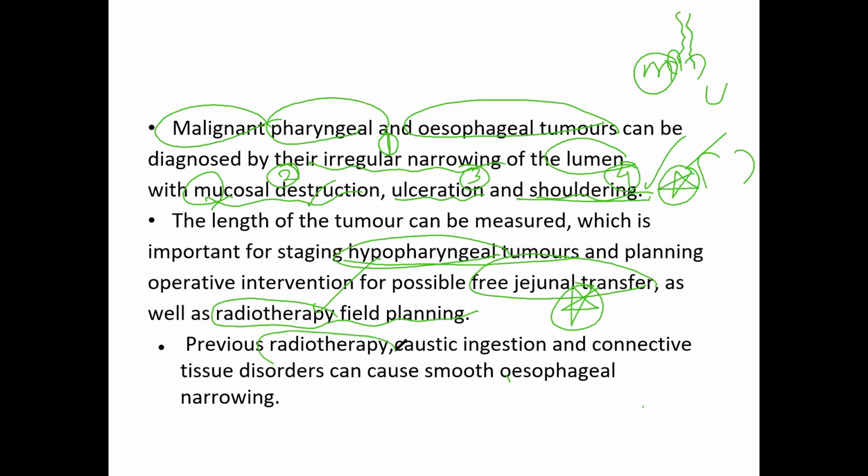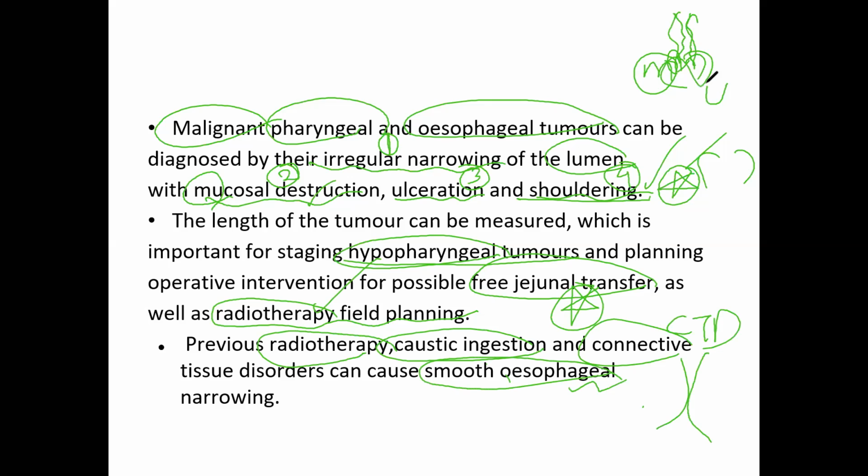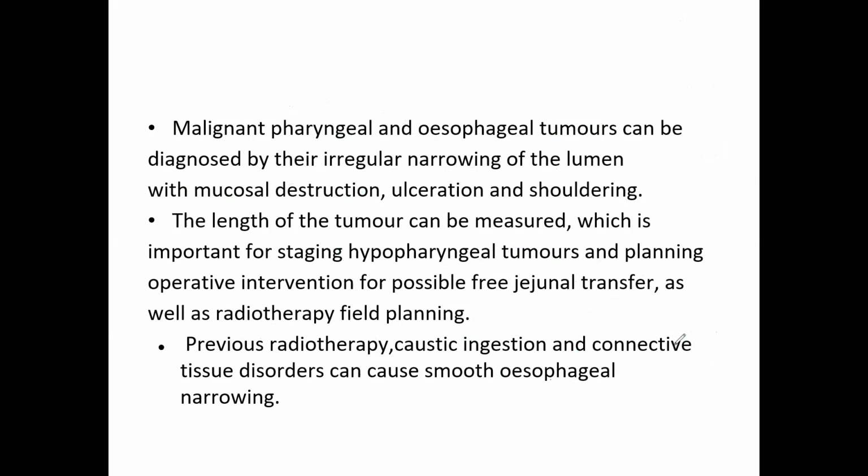A previous history of radiotherapy, caustic ingestion, or connective tissue disorders can cause smooth esophageal narrowing, whereas malignancy causes stricture, shouldering, ulceration and mucosal abnormalities. So smooth narrowing is a different thing from the other structures.